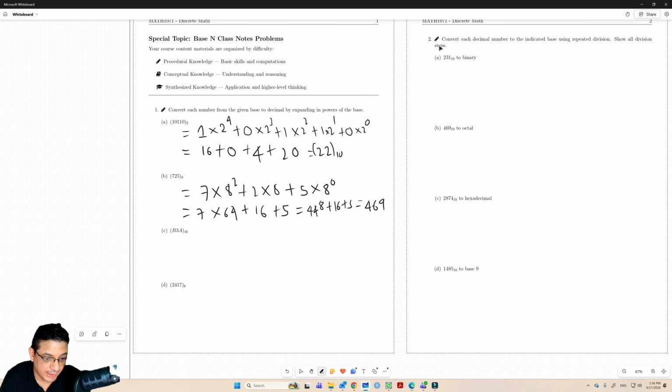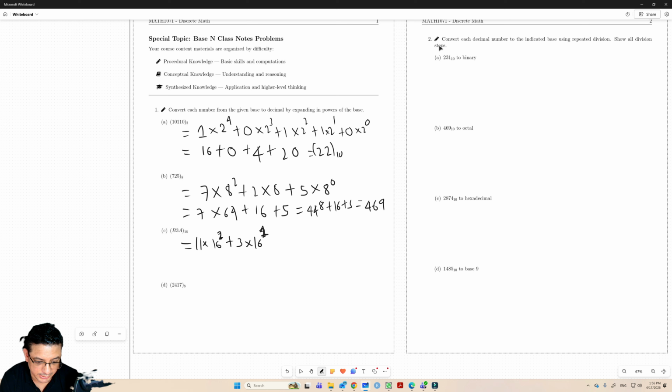Now we have something in hexadecimal. So we have B3A base 16. And so to represent this, we first got to remember what each of these things is. So remember that B is going to be 11, and this is going to be times 16 to the power 3. Then we have 3 times 16 to the power 2.